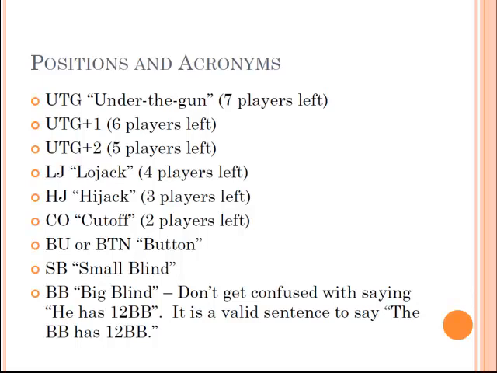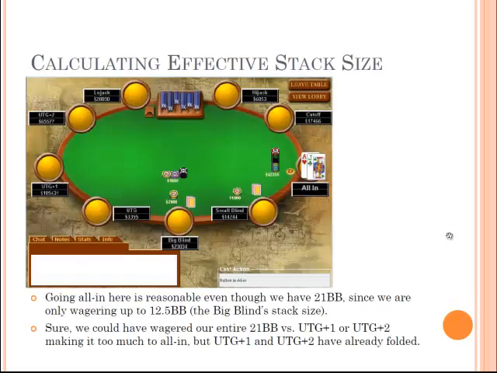Okay, good. So here's an example of effective stack size. In this case, the big blind is 2,000 and the small blind is 1,000. If we look at us, we're on the button with ace-jack offsuit, and we actually have about 21 big blinds, and we went all in. And I said you should only go all in when you have 15 big blinds or less, right?